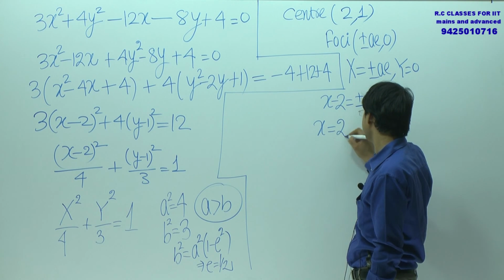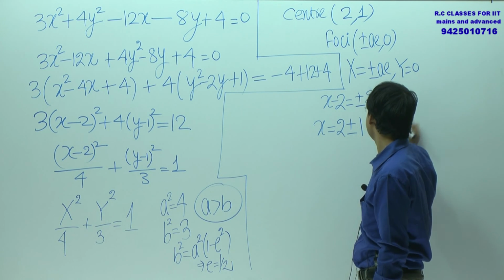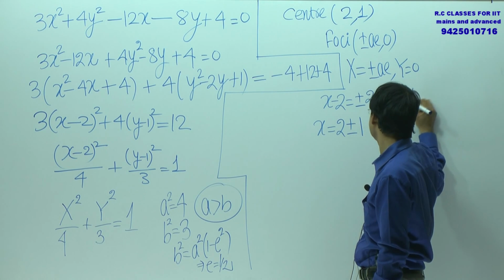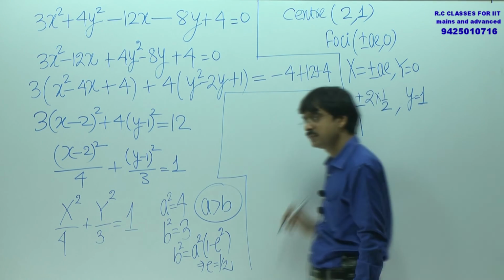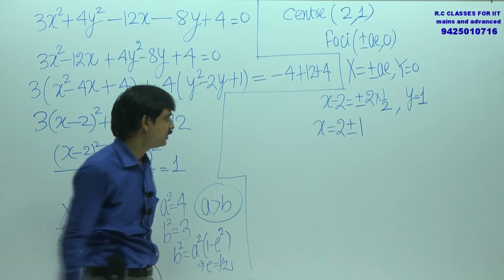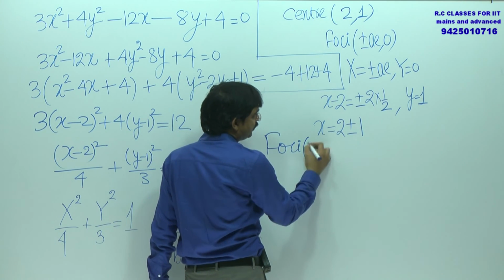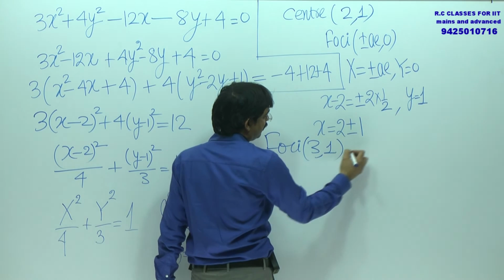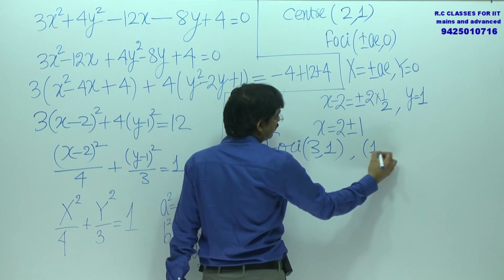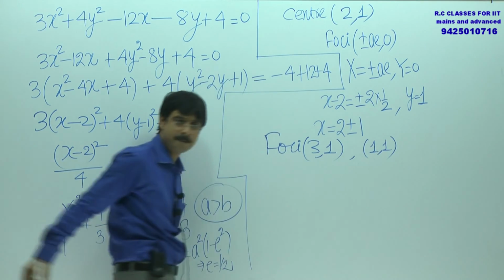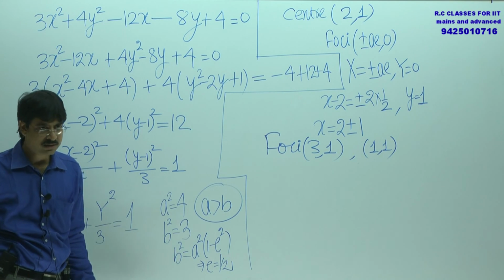X is equals to 2 plus minus 1, capital Y 0, y equal to 1. तो coordinates जब मैं लिखूंगा 2 plus 1, 3, 1 as well as 1, 1. अच्छा, सभी लोगों ने ऐसे लिखा है.